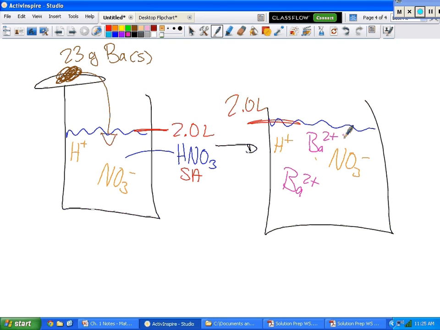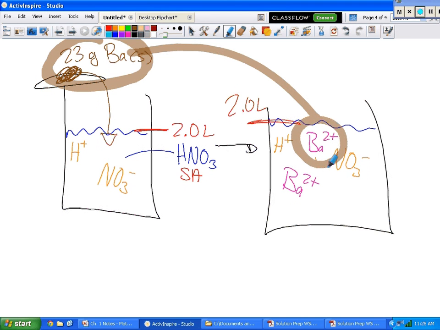Okay? All right. Calculate the concentration of barium ions in the stock solution. So let me ask you something. All of these turned into these. True or false? True. And it asked you to calculate the concentration of this stuff, right? Well, we know concentration is what?